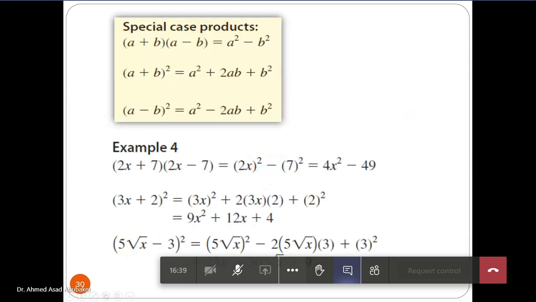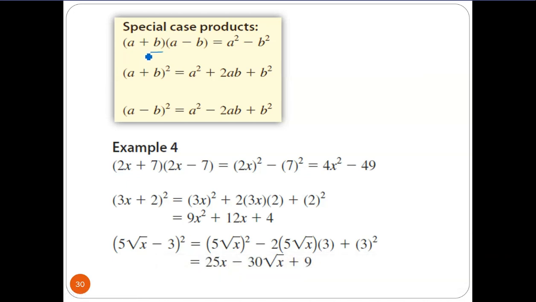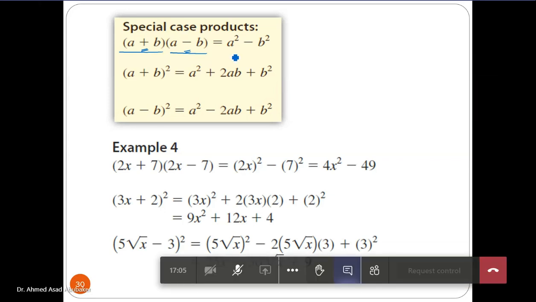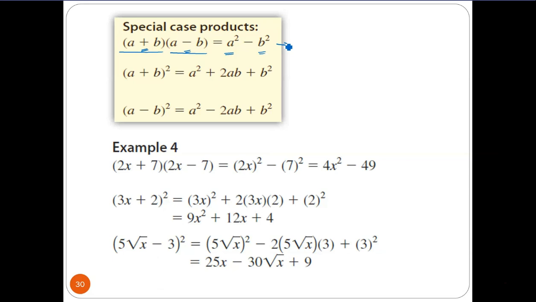Now, we have special cases in a product. For example, sometimes we multiply two brackets with the same first term and the same second term, but one is positive and the other negative. Just the only difference is addition or subtraction. Here we can do directly the first square minus the second square. For example, in this special case, look at this.